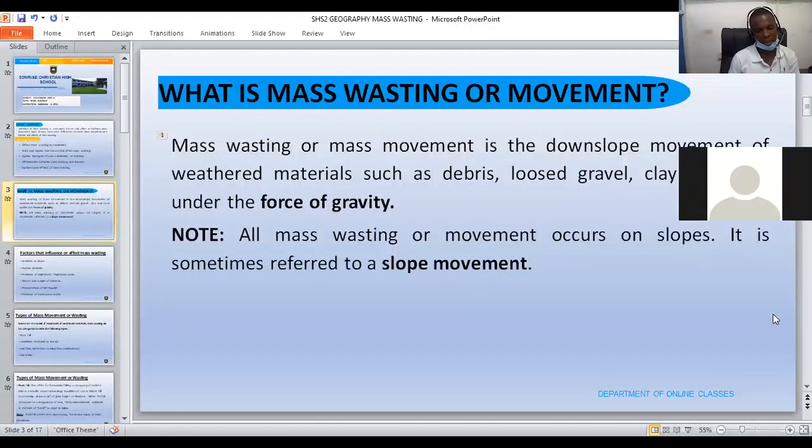I believe this is clear. All right. So this is just a brief explanation or definition of mass movement or mass wasting.